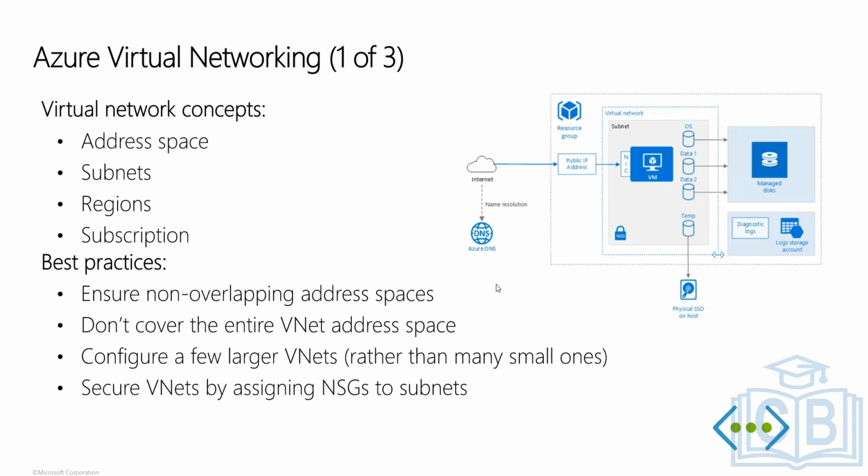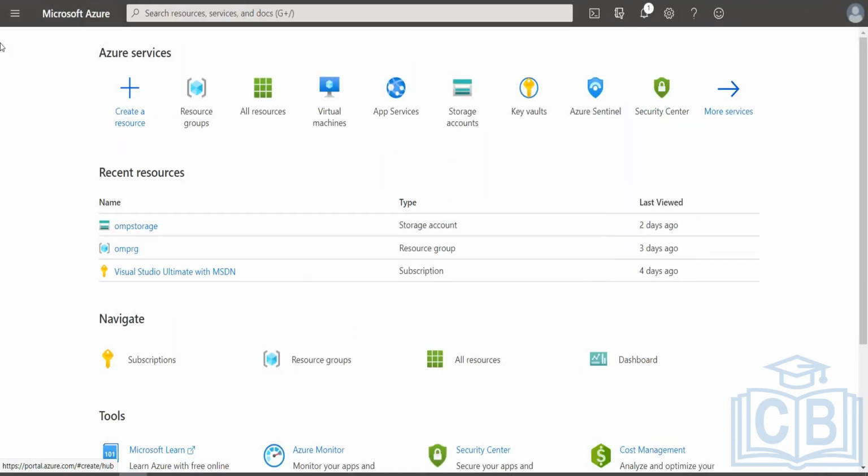I also mentioned the significance of why you should not have an overlapping address space. Why should you not cover an entire virtual network address space, right? And as far as NSGs are concerned, we'll come to NSGs in this session, that is network security group. But before we go to that, part of my assignment.